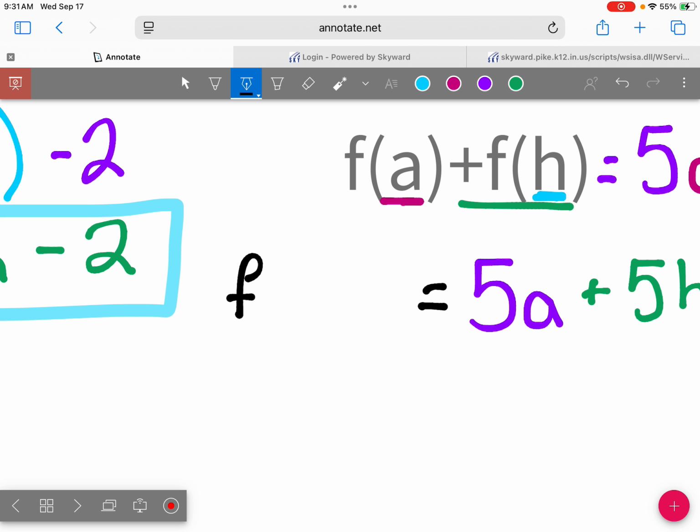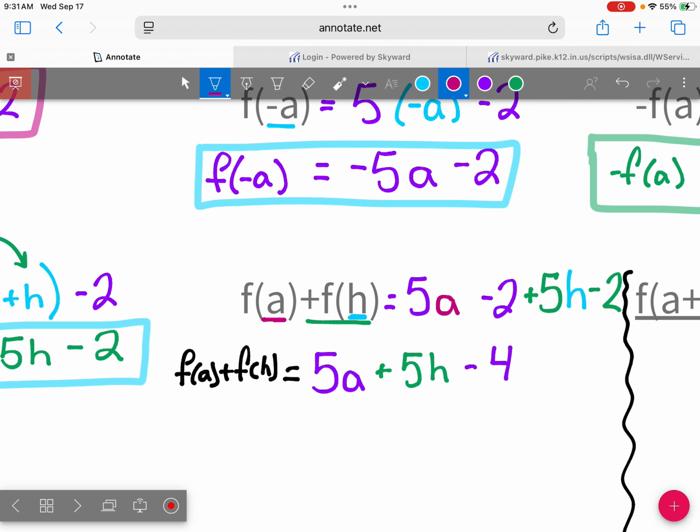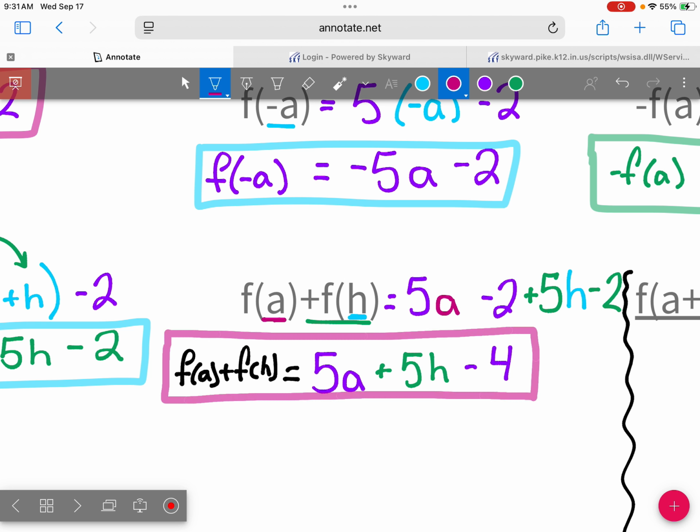So our f of a plus f of h gives us this 5a plus 5h minus 4. So it's not exactly the same as the last one. It's similar. It's got a lot of similar pieces. But it is different to take and add the two functions than it is to add the two variables.